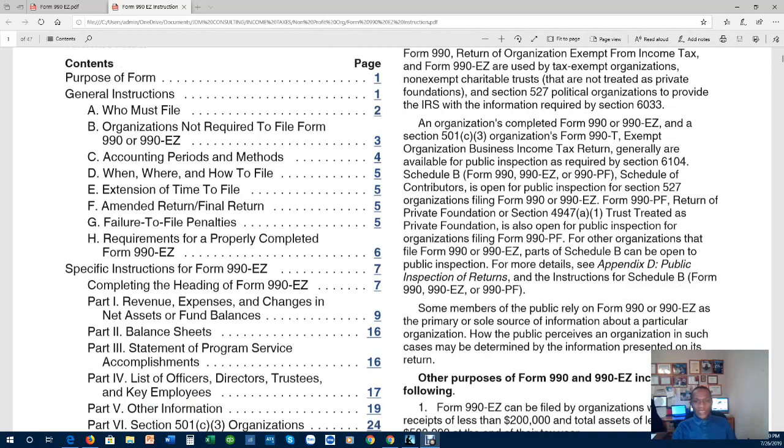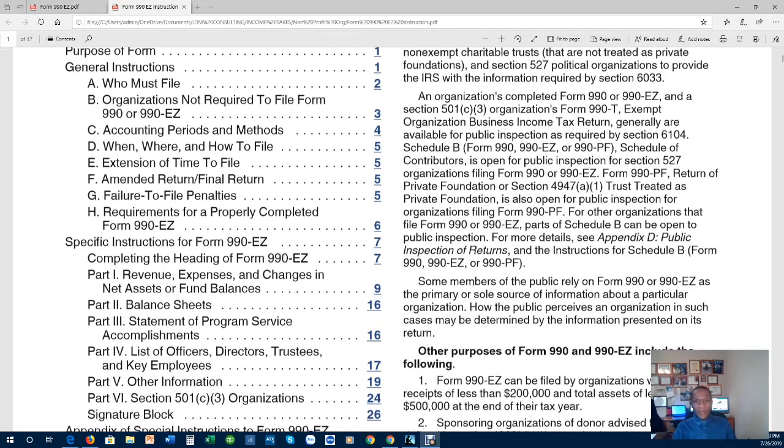Accounting period and methods on page 4, when and where to file on page 5, and extension of time to file on page 5. Amended return, if you need to amend your Form 990 or 990 Easy, would be on page 5 as well.